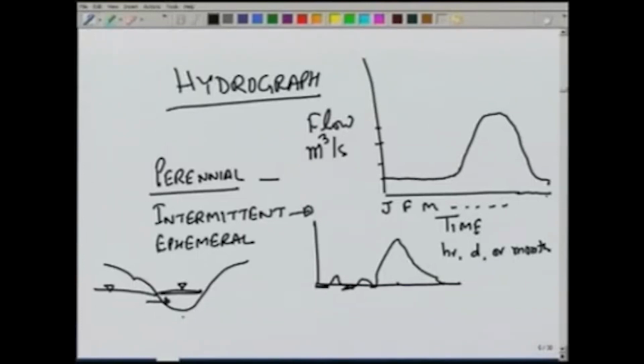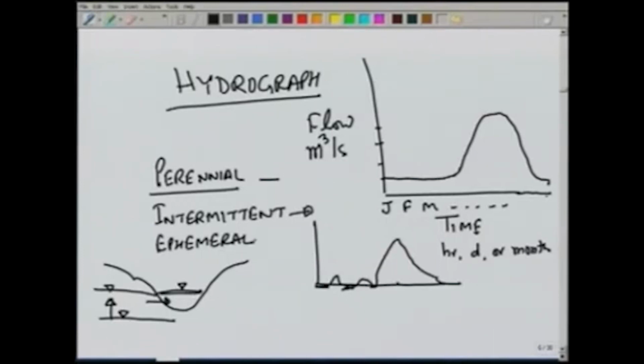So, in a perennial stream, the groundwater level will be above the stream bed, and therefore, it will contribute water towards the stream throughout the year. But in intermittent streams, the groundwater level sometimes may fall below the stream bed and there will be no flow in the stream. But again during monsoons, the groundwater level may rise, and therefore, it will have a continuous period of 6-7 months or so in which there will always be flow.